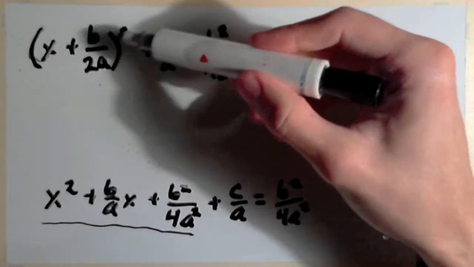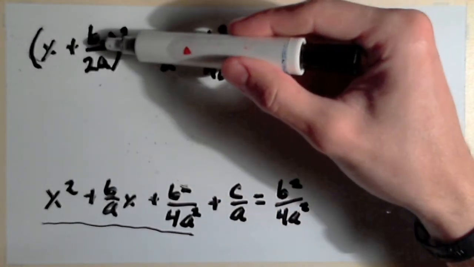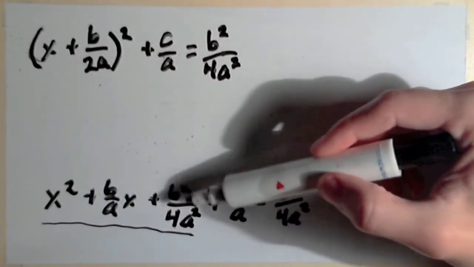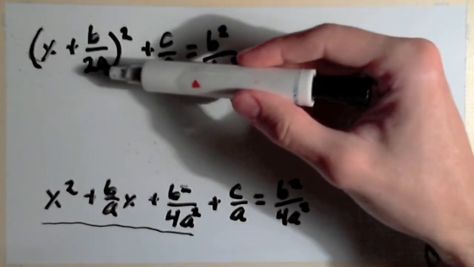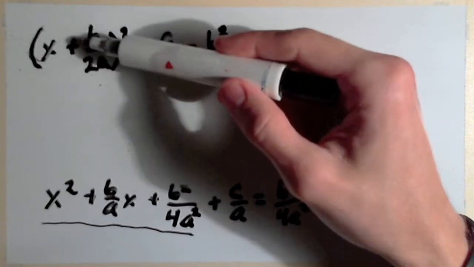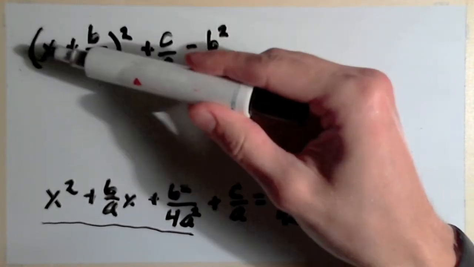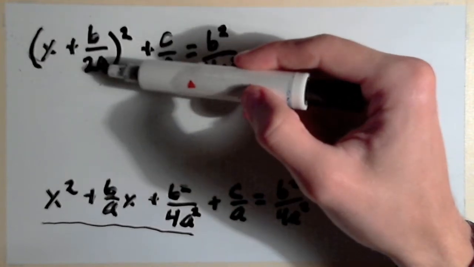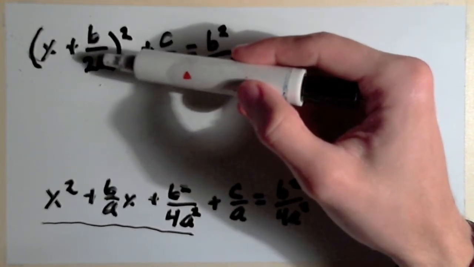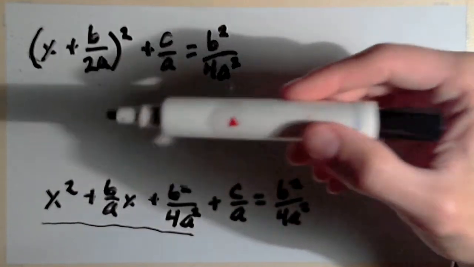Now seeing here, you square the first term, you get your x squared. You square the second term, you get b squared over 4a squared. And also, if you multiply the two, you get b times x over 2a plus x times b over 2a. And when you add those together, you just get b over a times x.